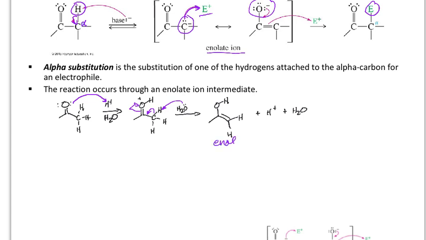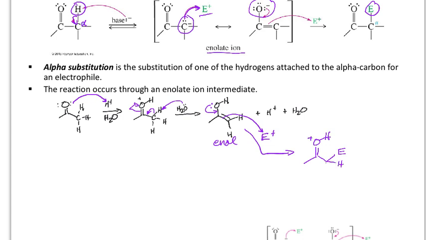So the enol can do a similar kind of reaction where if I add in an electrophile to that, the electrons swing down from the oxygen and these pi bonds reach out to the electrophile, and we'll get our addition to this position, the alpha position.